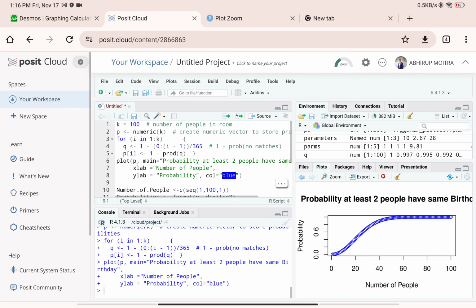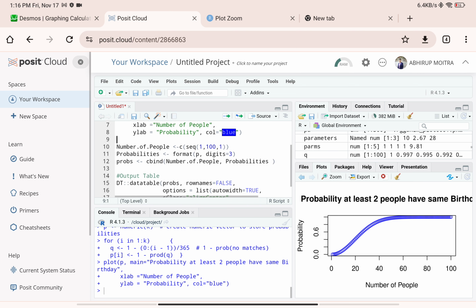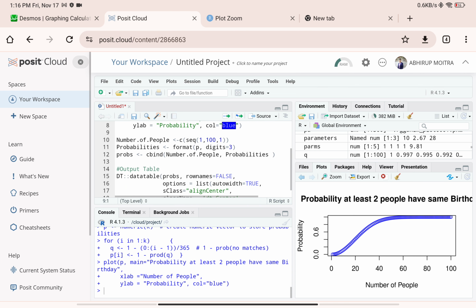So let me go back to our code again. Now I have created again a vector for the number of people, 1 up to 100. And I have created another vector, say probabilities, and it will store all the probabilities.